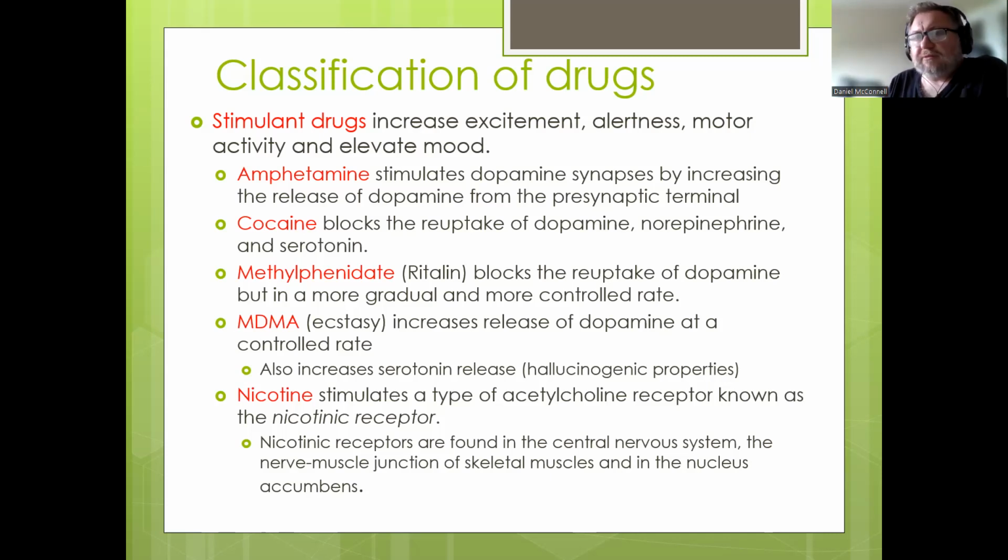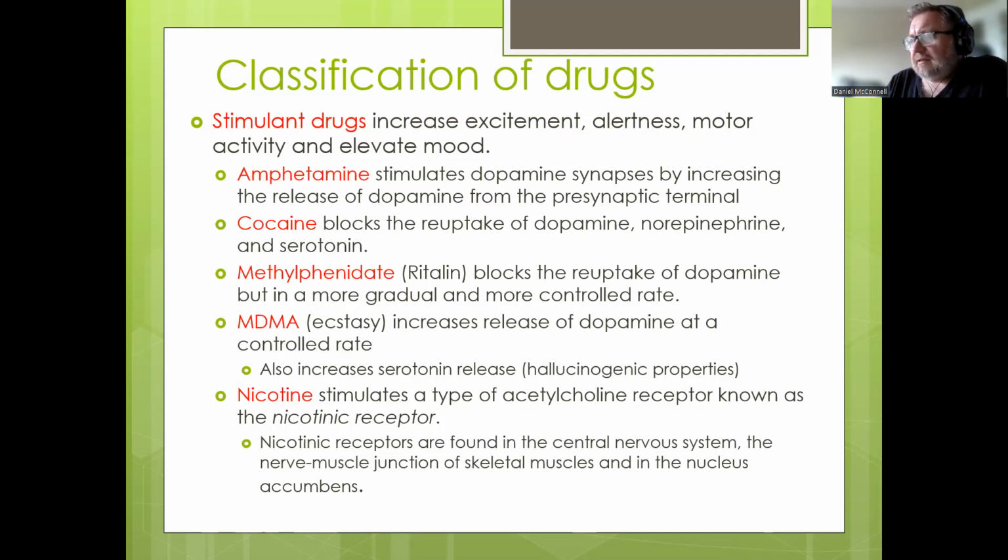And so drugs that increase serotonin can have certain hallucinogenic properties. It's a common thing with most hallucinogens, but MDMA also creates a strong boost in dopamine as well. And that seems to be associated with some of the pleasurable feelings that are commonly reported with the drug, hence why it is referred to as ecstasy after all.